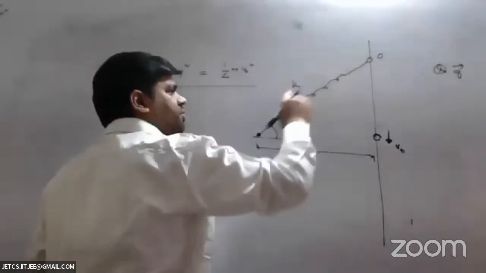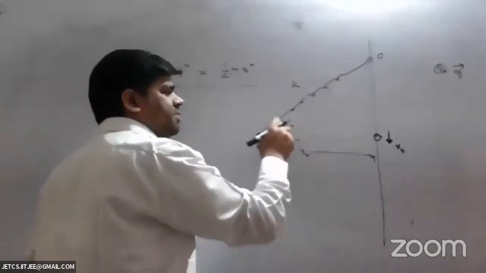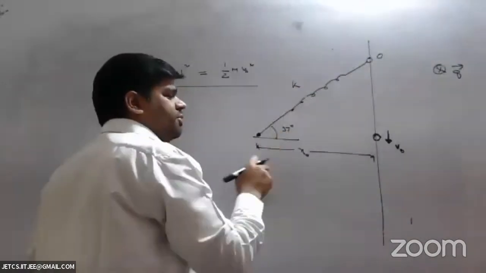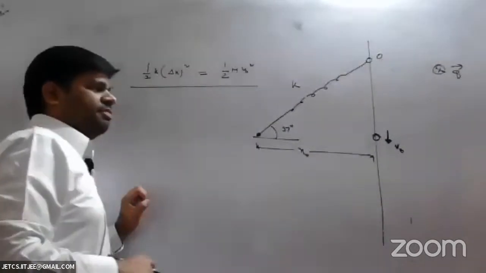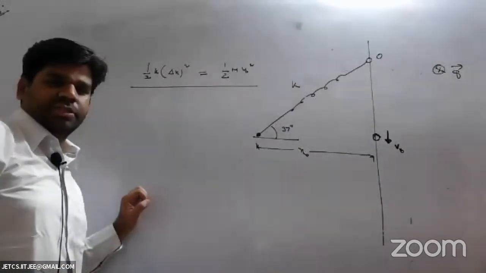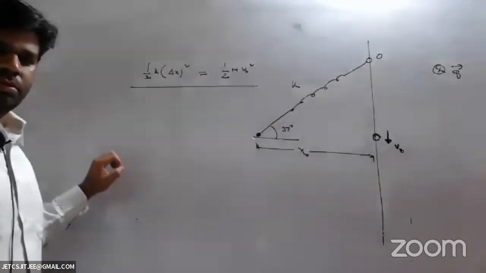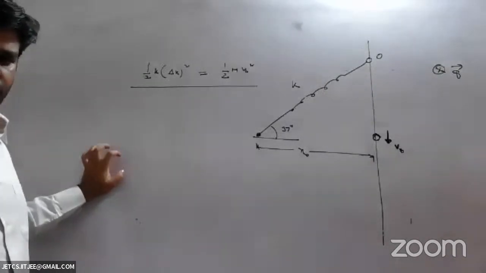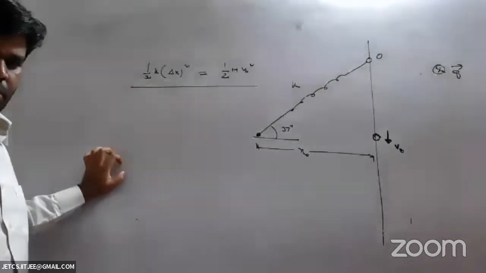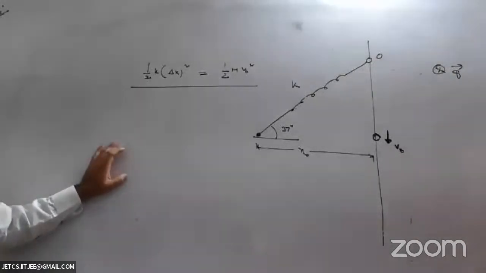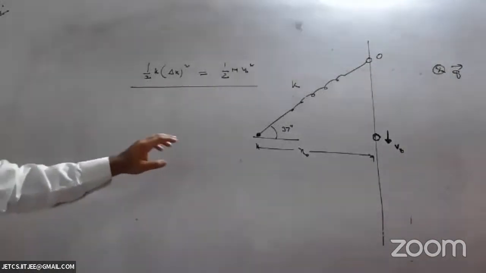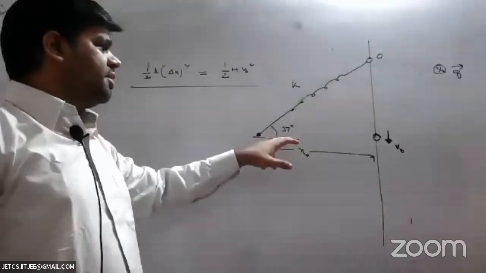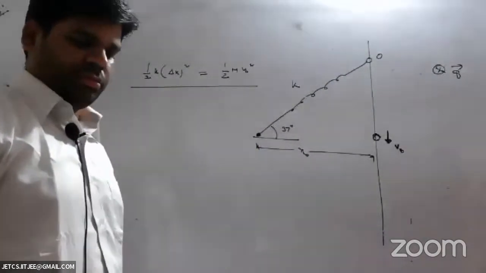So how much is this length now? What is the length? If this angle is 37 degrees, what is the hypotenuse? If base is x naught, what is the hypotenuse if angle is 37 degrees? X naught by L is cos 37.